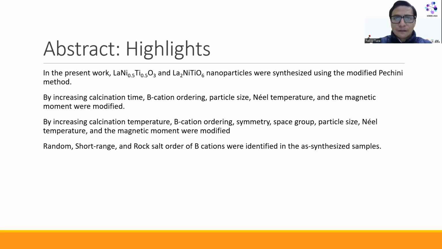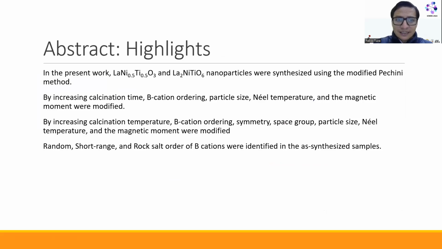Let's move to the abstract section. In this work, double perovskite nanoparticles containing lanthanum, nickel, and titanium were prepared using the modified Pechini method. By increasing the calcination time, the B-site ordering, the particle size, the Néel temperature, and the magnetic moment were modified.